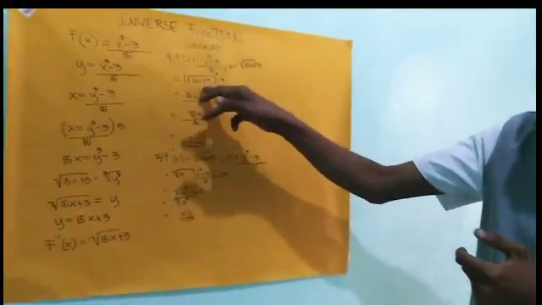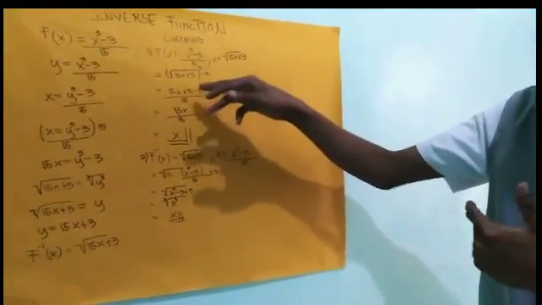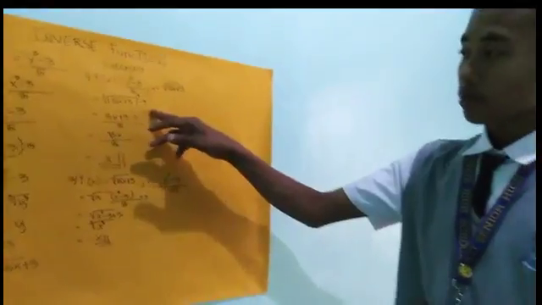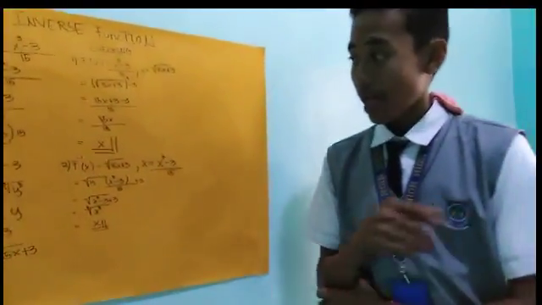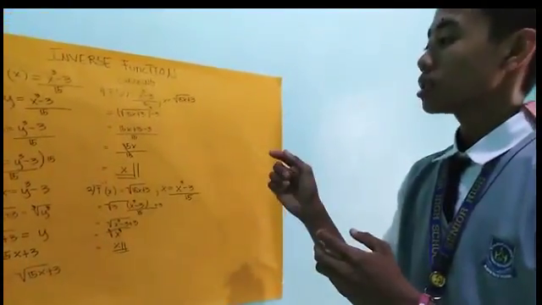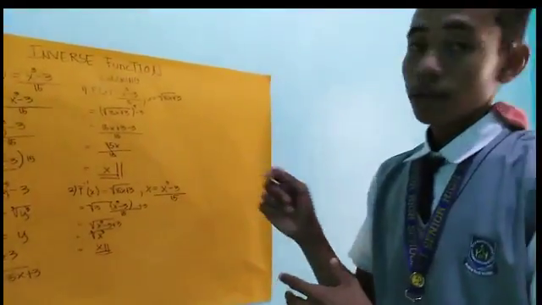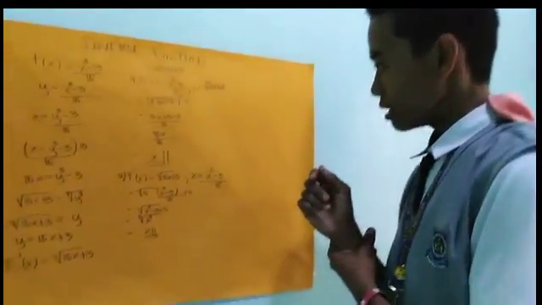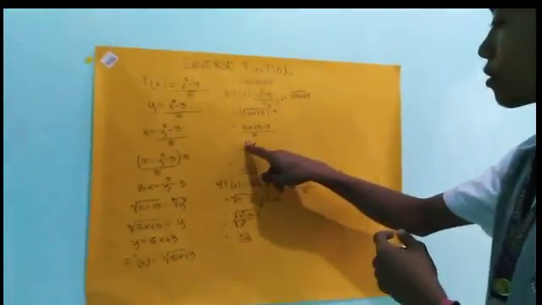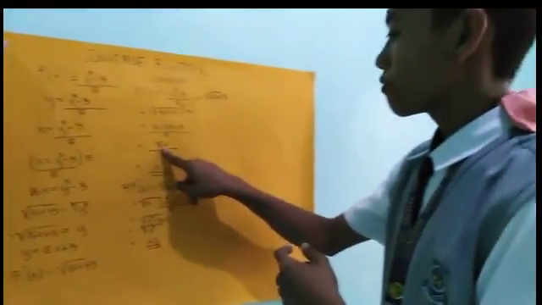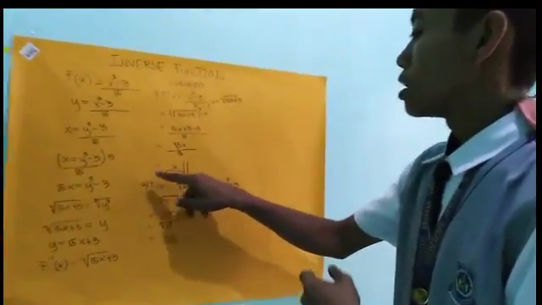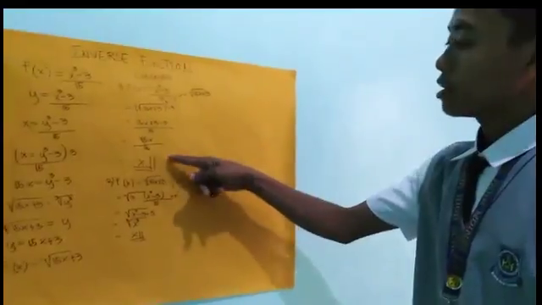So the cube root of 15x plus 3, to the power of 3, minus 3, is 15x plus 3 minus 3 over 15, and 15x over 15, cancel 15, equals x. So this is an inverse.